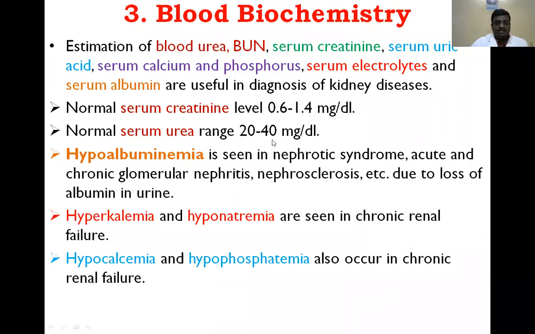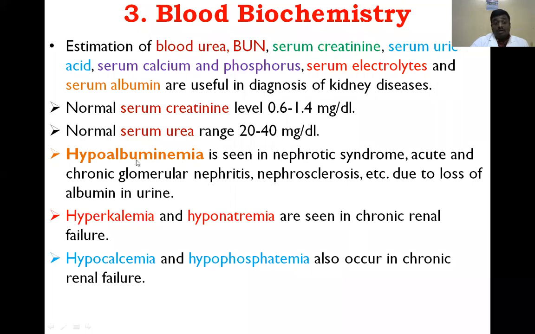Urea is also like that. Normal is 20 to 40 milligrams per deciliter; if it is elevated above 40 milligrams per deciliter, there is a chance of kidney failure. Next is hypoalbuminemia, meaning a low amount of albumin in the blood.